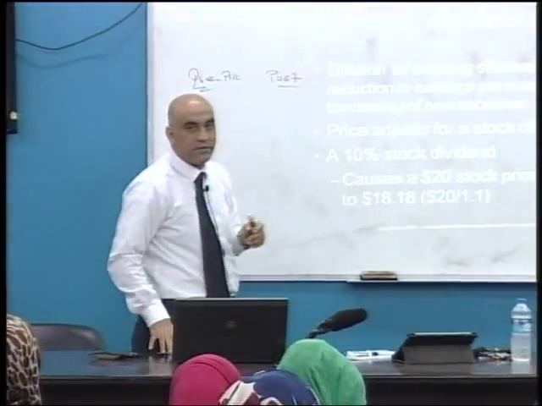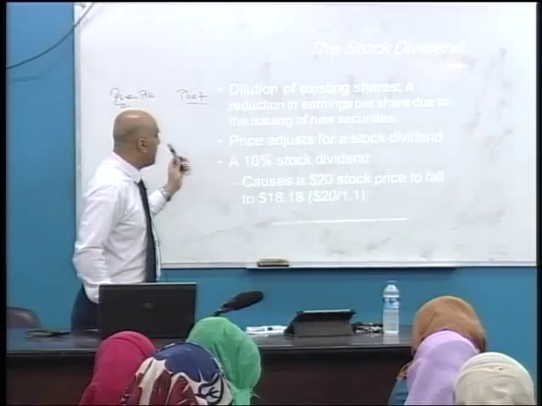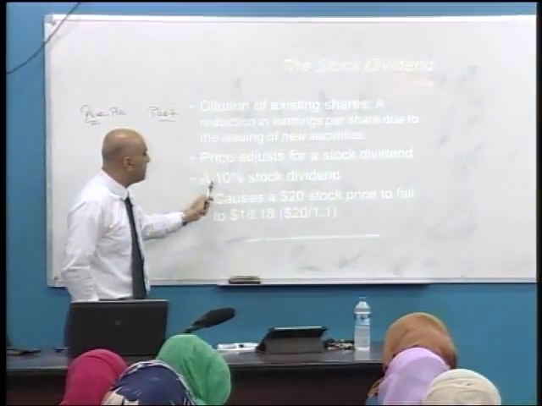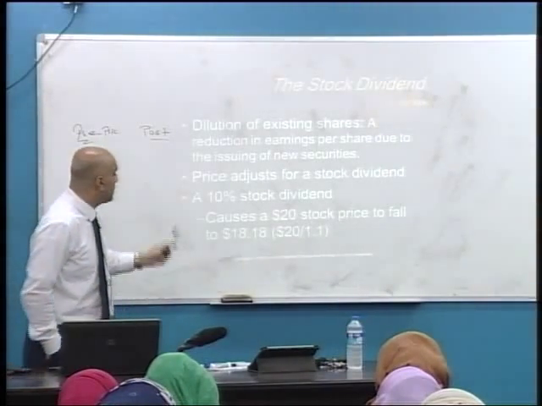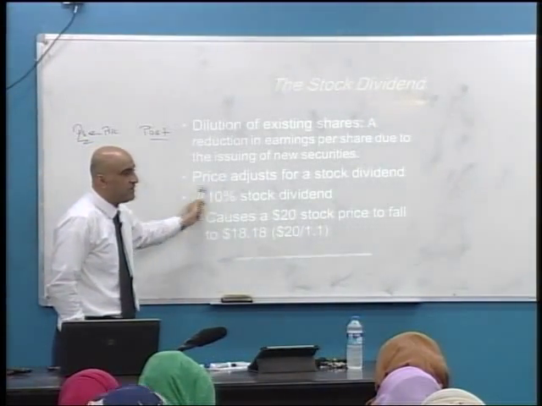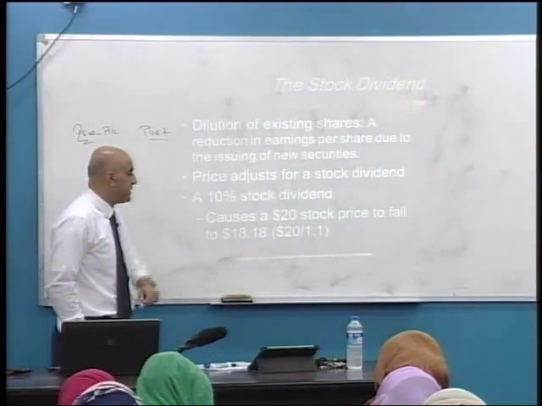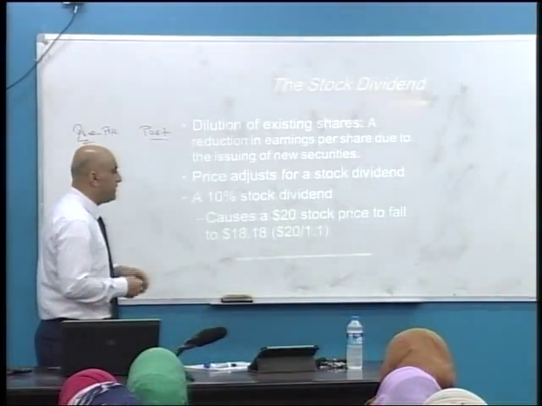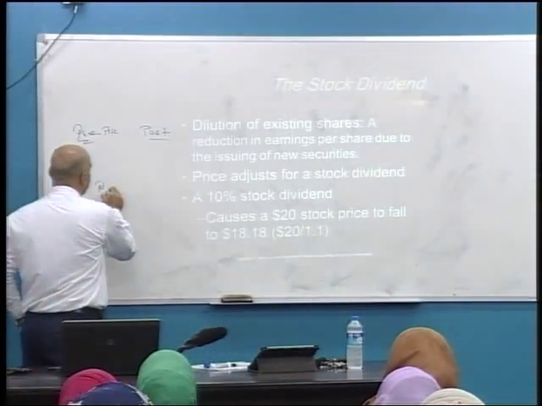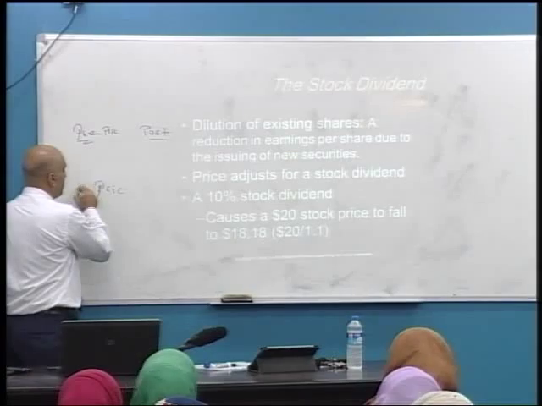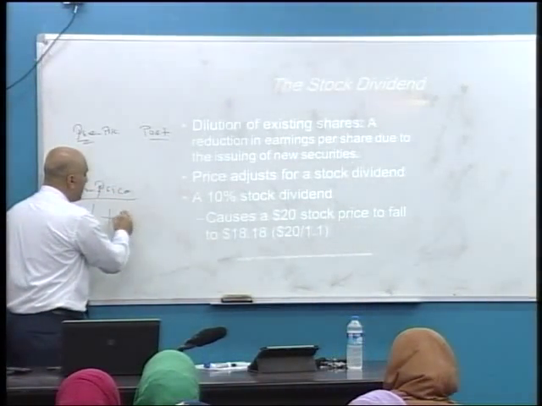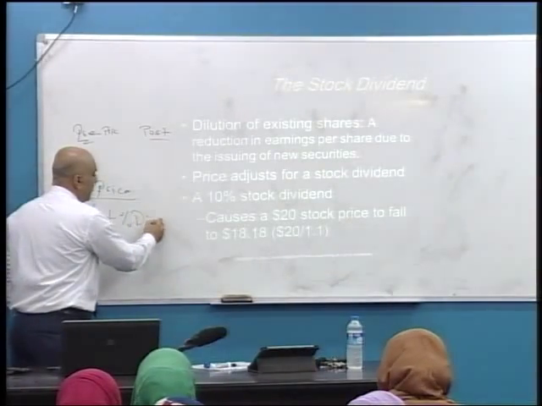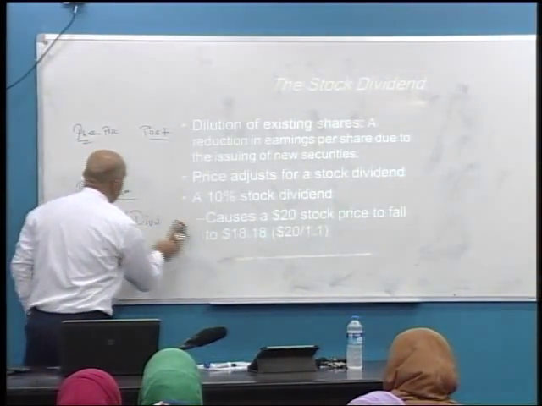Let's take the example. If a company decides to pay a 10% stock dividend, what is the implication of the stock dividend on the stock price? The equation is very simple. The price, I mean the pre-price, divided by 1 plus the rate of dividends, or what they call the payout ratio.